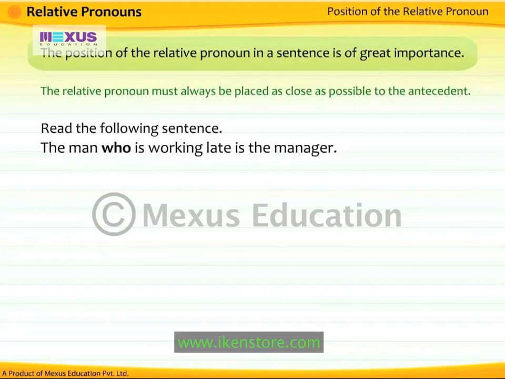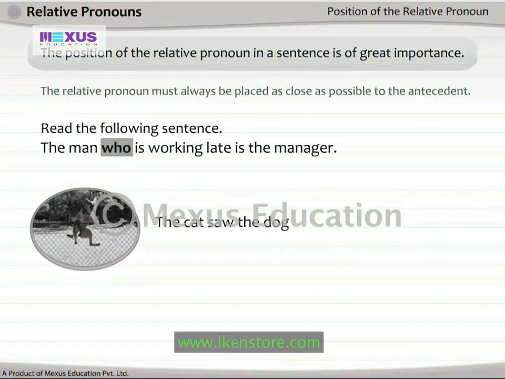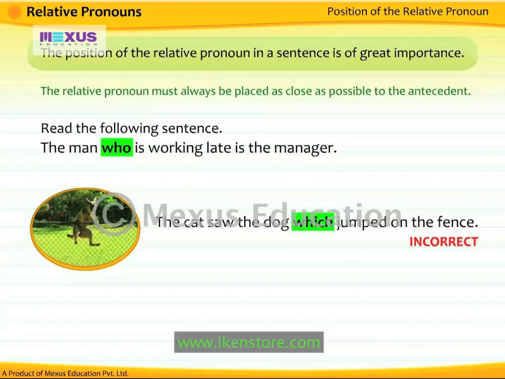It is clear that the relative pronoun who refers to the subject man. Now, look at the following sentence. The cat saw the dog which jumped on the fence. The relative pronoun which is placed after the dog. It means that the dog has jumped on the fence.